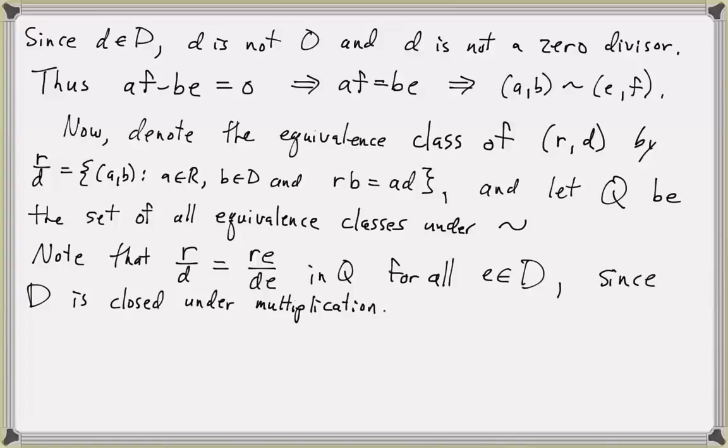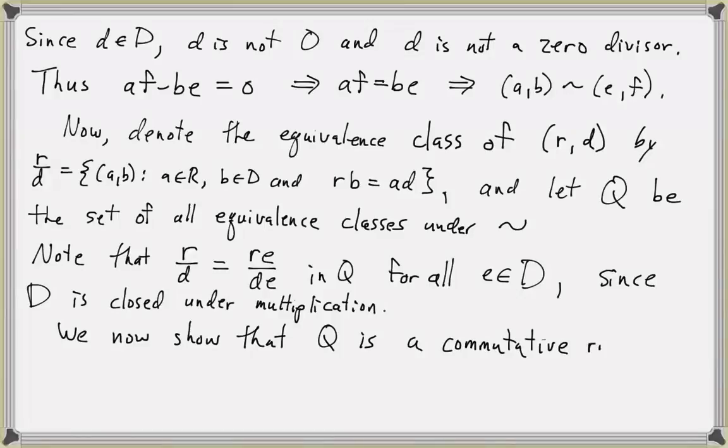So now we're going to show that Q is a commutative ring with identity.